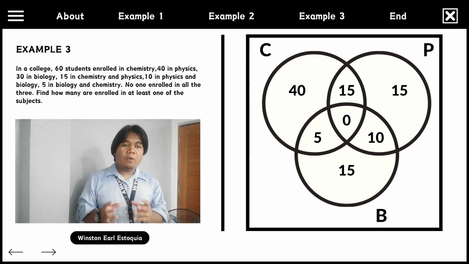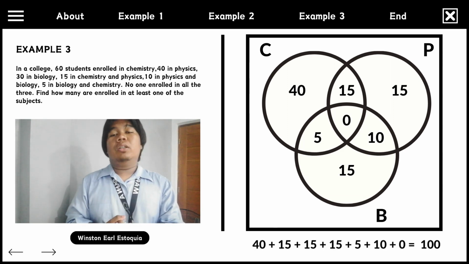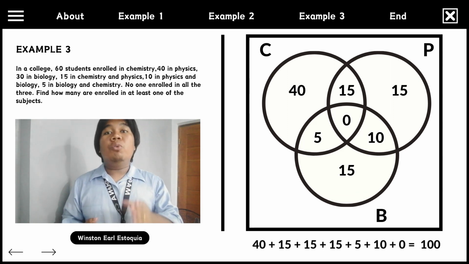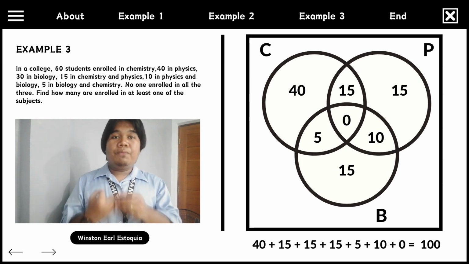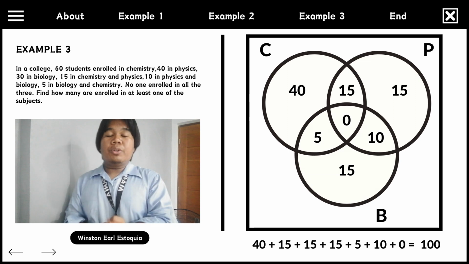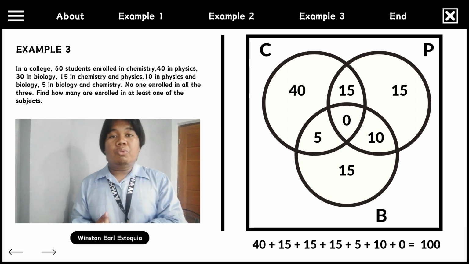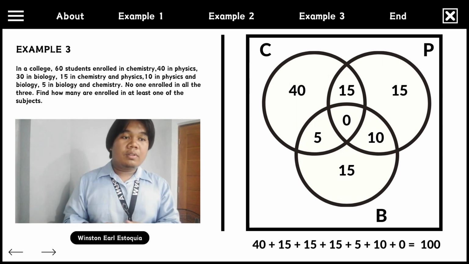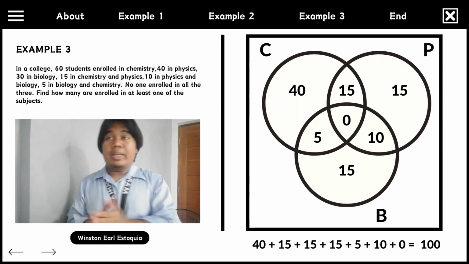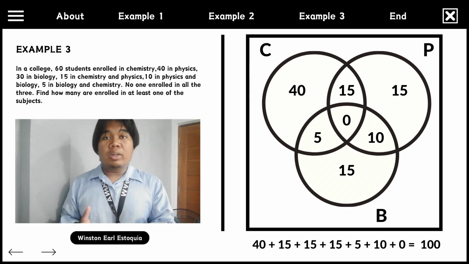Okay, so 40 plus 15 plus 15, which come from the students who are only in one class, plus 15 plus 10 plus 5, which come from the students who are in 2 of the 3 classes, plus 0, which comes from the students who are in all of the classes. Add that up, and you get 100 students who are in at least one class.